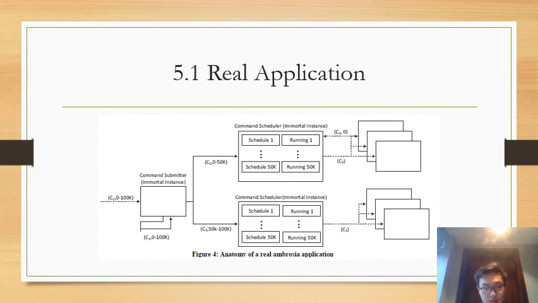Each of these machines will accept user-submitted commands from a command submission service. The command submitter and all command schedulers are running in active configurations, resulting in high availability of the service.